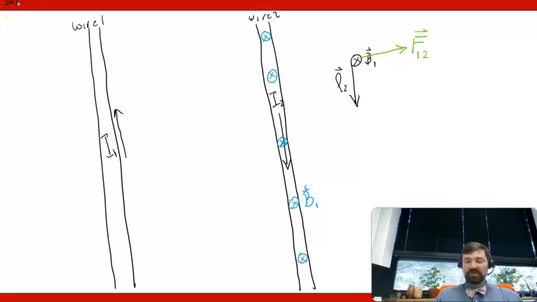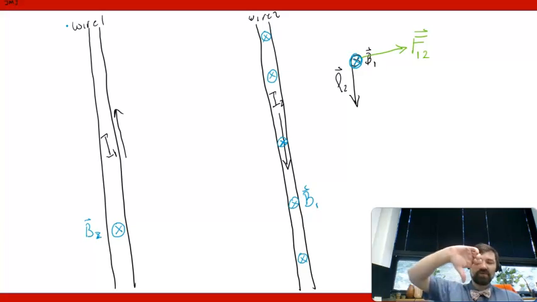Alright, now we can do the same thing with wire 2. It produces a magnetic field on wire 1. B2, at the location of wire 1, due to wire 2, is once again into the page, because the current is pointing downward here, so by the right-hand rule you wrap with the thumb down, and the field is into the page on this side.